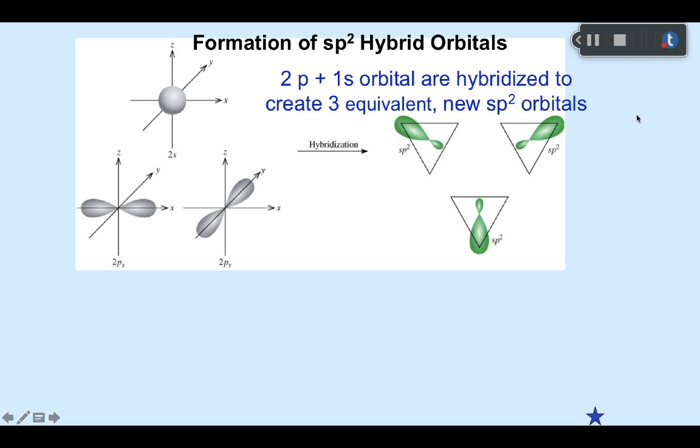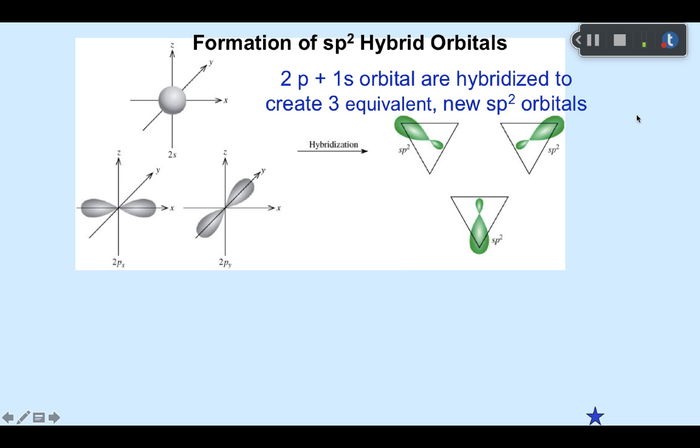Another diagram representing the hybrid orbitals is shown here, where you take one s orbital and two p orbitals. In this case, they're both from the second shell, hybridizing to make three equivalent new sp2 orbitals. Remembering that when we did sp3, same thing applied. You hybridize a number of individual atomic orbitals and create equivalent new hybrid orbitals.